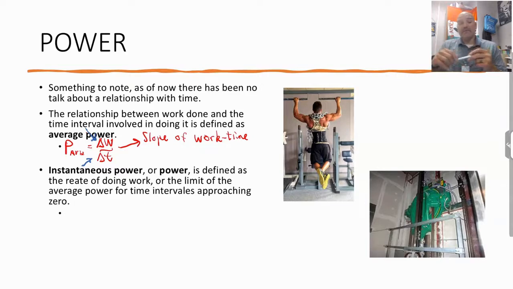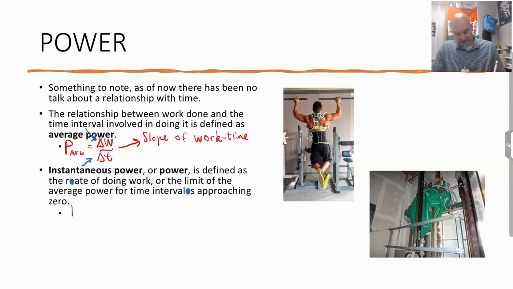Especially here in Physics C, we look at what we call instantaneous power. It's defined as the rate at which work is being done, or we say the limit of power as the time intervals approach zero.